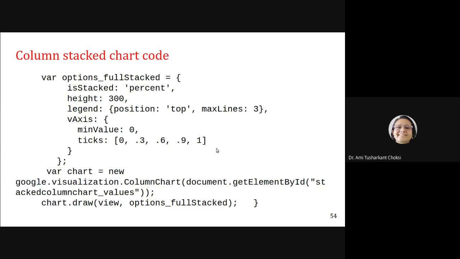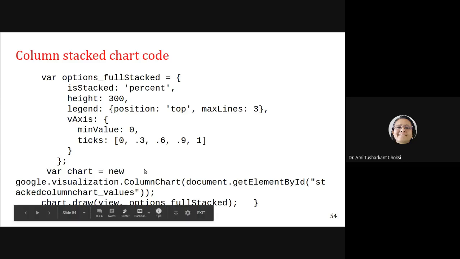Now variable chart is equal to new google.visualization.ColumnChart. Till now we were having the bar chart; here now we are having the column chart, right? Shouldn't we specify something for stacked here?